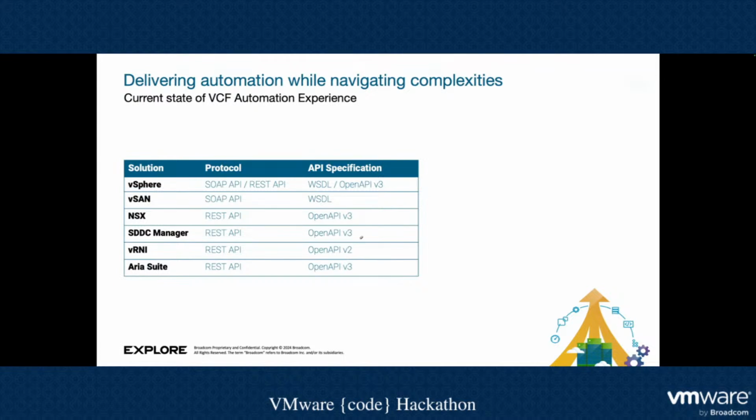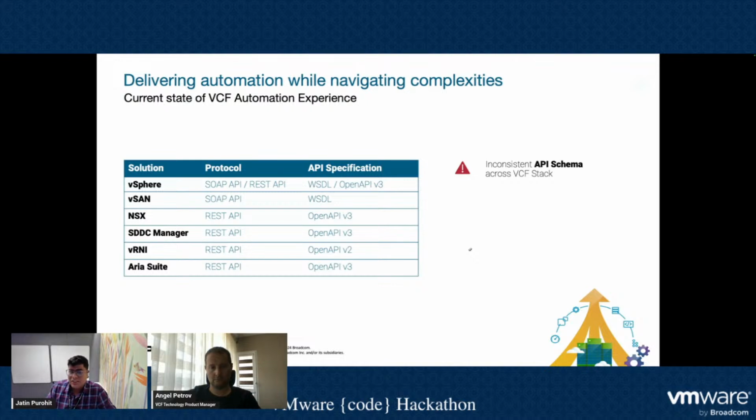But if you look at this picture, the one thing which comes to mind is we have inconsistent API schema across the VCF stack. It's not that huge, but if you look at vSphere and vSAN, you have different API endpoints and different API specifications. So for example, vSAN doesn't even have a REST API. It only works with SOAP API and WSDL.